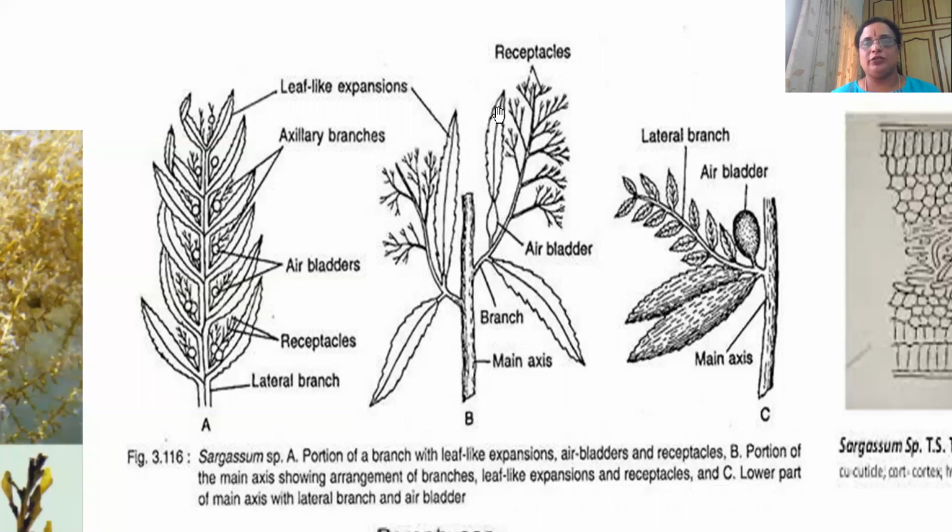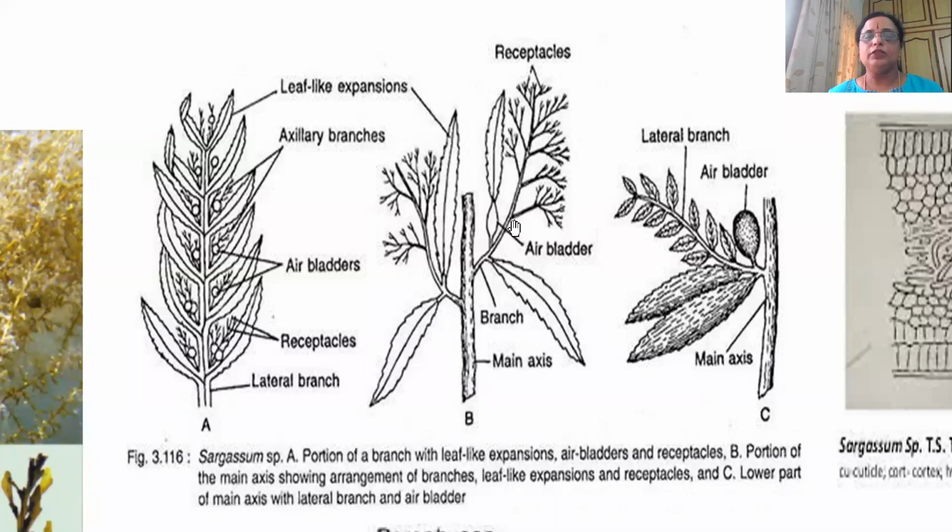The main function of these receptacles is like the inflorescence or flowers in angiosperms, which help in the process of reproduction. Likewise, in Sargassum also, these receptacles have separate sex organs in them, the male conceptacles and the female conceptacles.